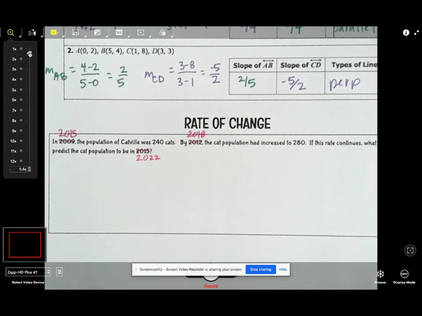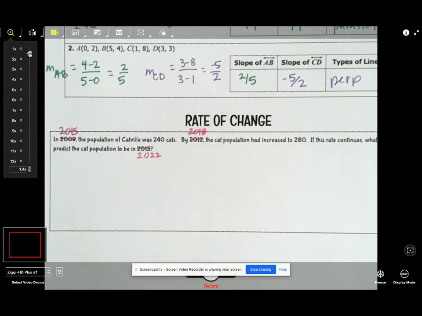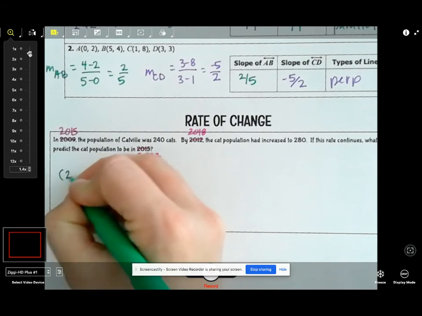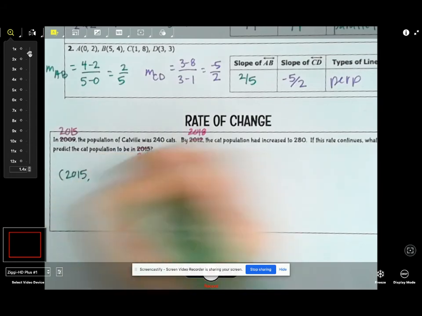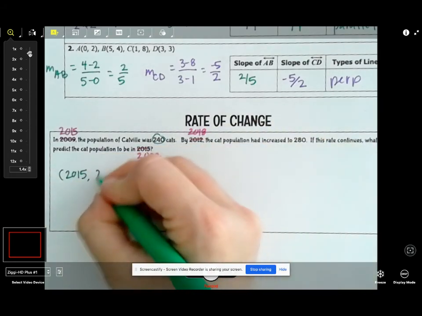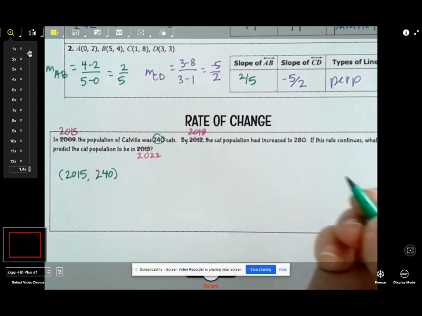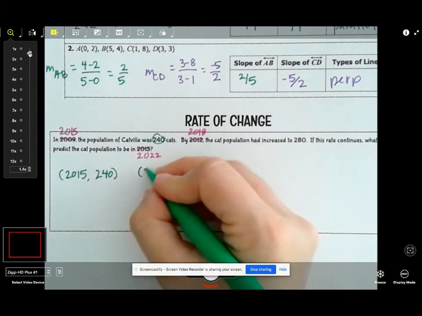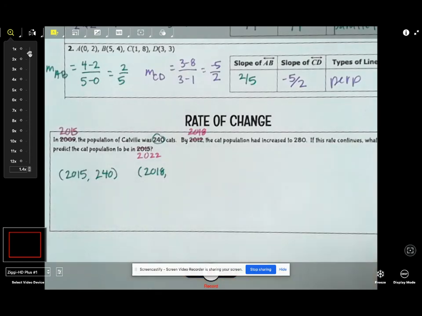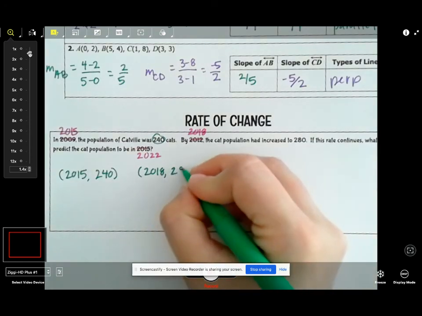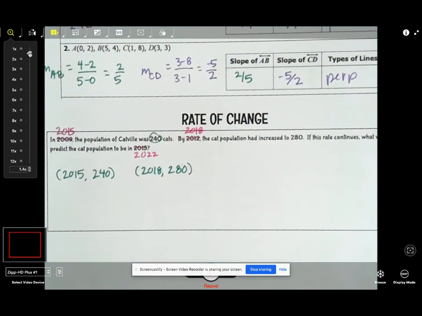We can actually make ordered pairs of these numbers they give us. So if we think about it, in 2015, what was our population? It was 240. And then in 2018, our population was what? 280.